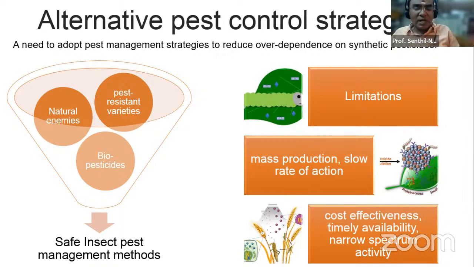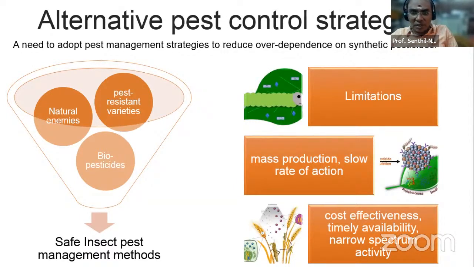To adopt pest management strategies that reduce the development of resistance to synthetic insecticides, we should seek alternative pest control strategies, including natural enemies like predators and parasites, and pest-resistant varieties of seeds. And the third point is biopesticides, nothing but biologically originated pesticides which do not create any harm to the environment.